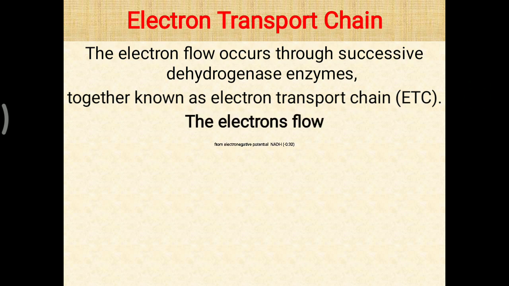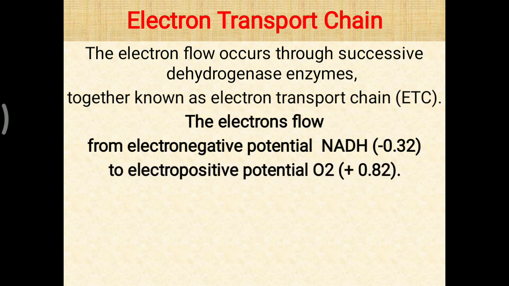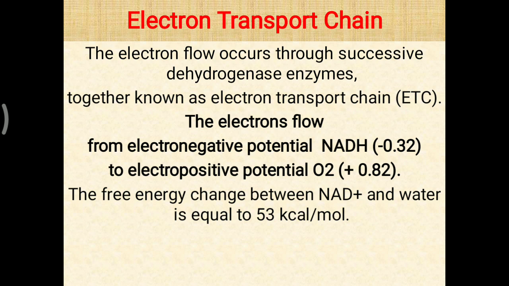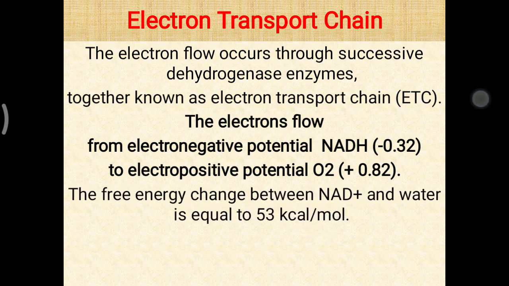The electron flows from the electronegative potential of NADH, minus 0.32, to the electropositive potential, finally reaching oxygen, plus 0.82. The free energy change between NAD plus and water is equal to 53 kilocalories per mole. During that electron transport, that much energy is generated.